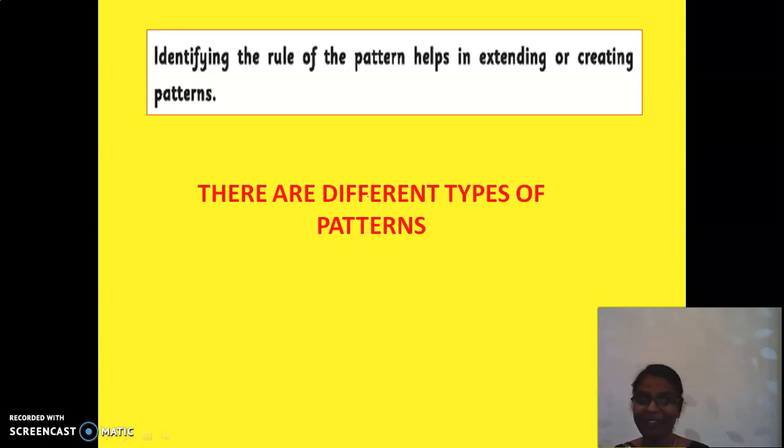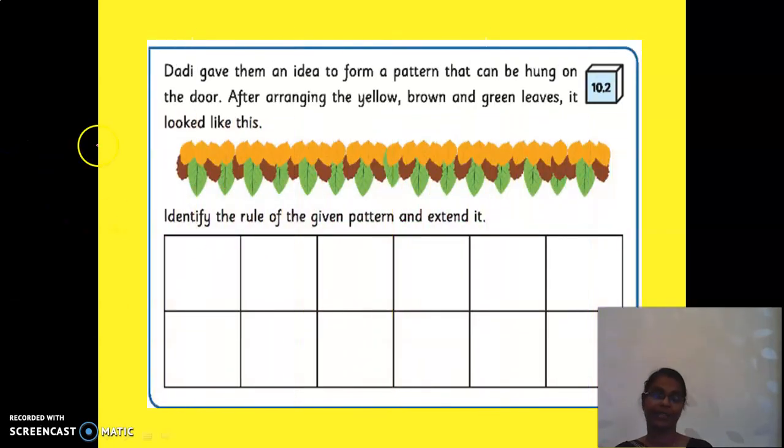If you look at the butterfly, have you seen the butterfly's wings? Even the colors and shapes there are patterns. Flowers were in repeated patterns. The shape is repeated in a few flowers. Have you seen that? Yes. So there are different types of patterns.